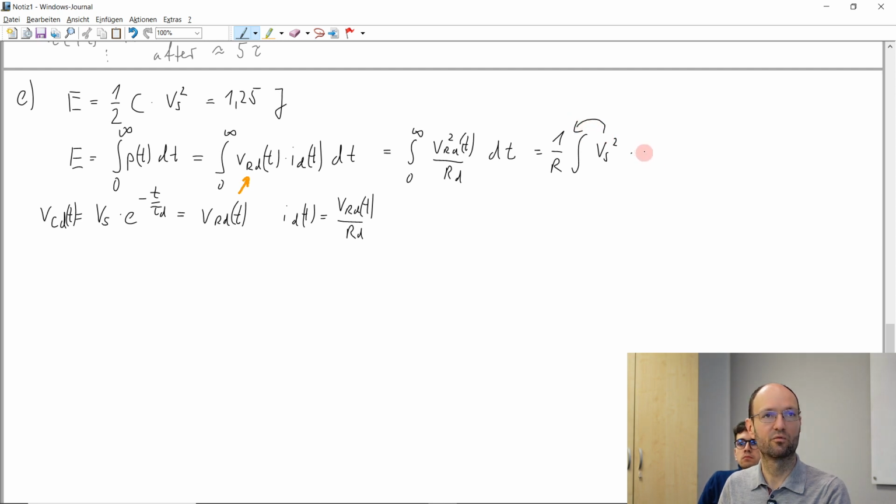And we have this exponential function e to the minus t divided by the time constant of this discharge. And still we need to integrate over time, and this exponential function of course also must be squared.